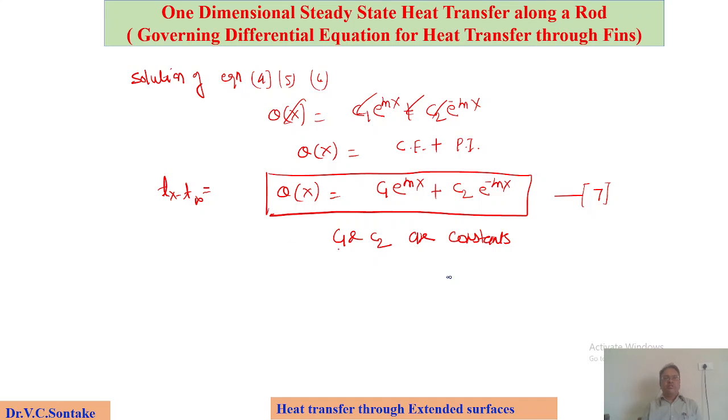And just by putting in the value of x, you can calculate the temperature Tx at any distance. So this is the utility of equations 4, 5 and 6. That is why it is called the governing differential equation for heat transfer or heat conduction through fins.